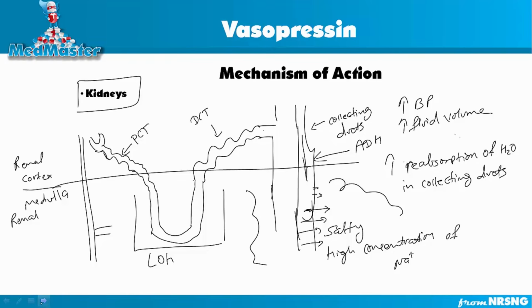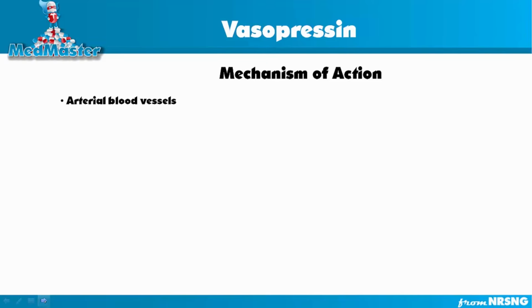Now there is another effect it has on arterial blood vessels. So there are vasopressin receptors on blood vessels, especially the arteries.